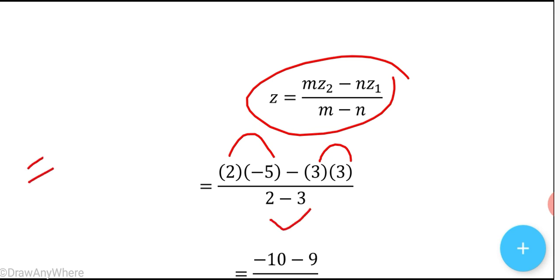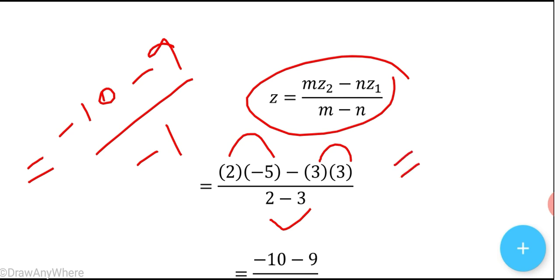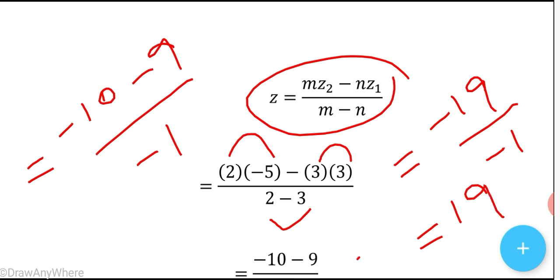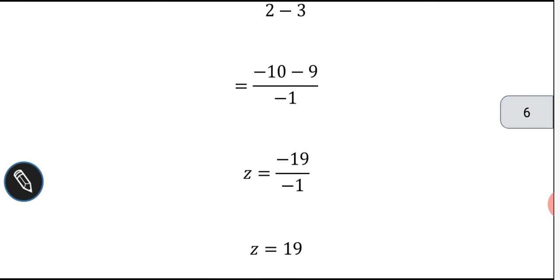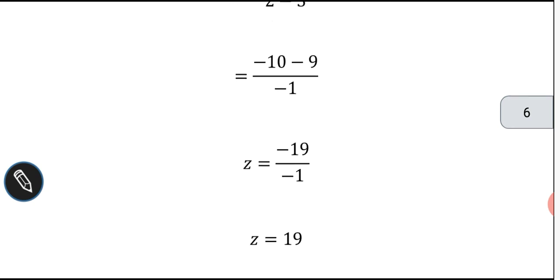So that is equal to 2 into minus 5, which is minus 10, minus 3 into 3, which is 9, divided by minus 1. So minus 10 minus 9 means minus 19 divided by minus 1. Minus minus cancel, so z is equal to 19.